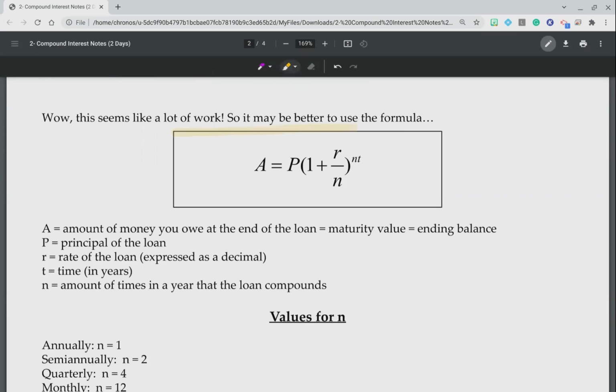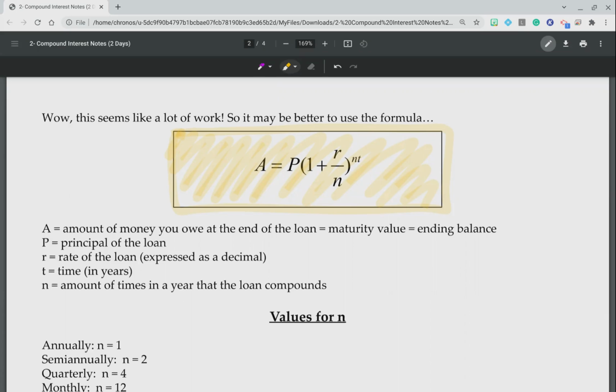This is our compound interest formula. And as we told you at the beginning of the chapter, it is going to be way, way easier to use this formula on a graphing calculator than any other calculator. So if you have a way to get a graphing calculator for this section, you're definitely going to want to use it.